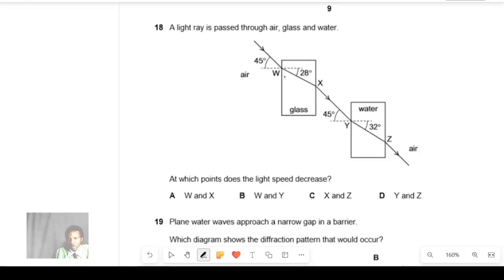When it moves from air to glass, the speed reduces here, so it decreases at W. And then when it moves from glass to water, at this point Y, it decreases. So the speed of light decreases at W and Y. So the answer is B.